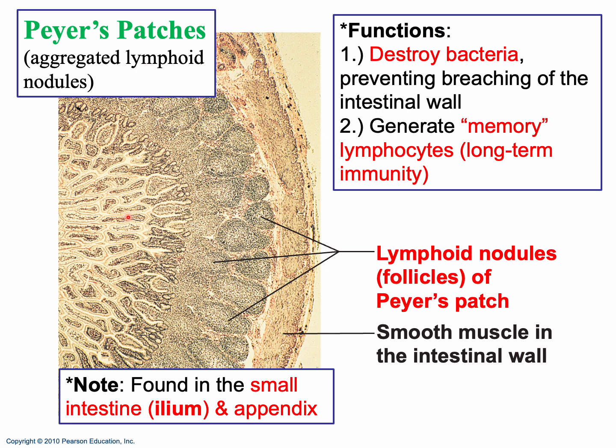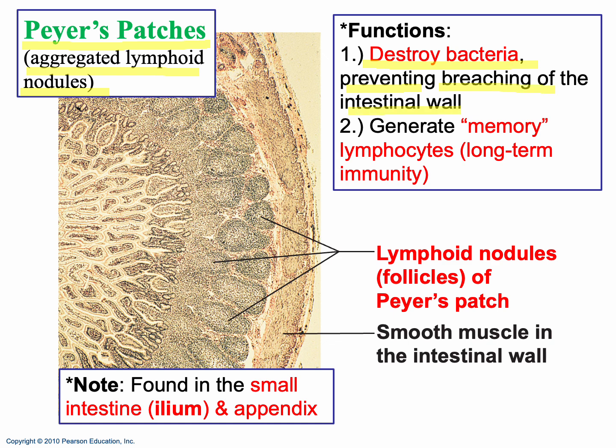We now take a look at the Peyer's patches. The Peyer's patches are considered to be aggregated lymphoid nodules. Their functions: they're very important when it comes to destroying bacteria that might be trying to breach the intestinal wall.